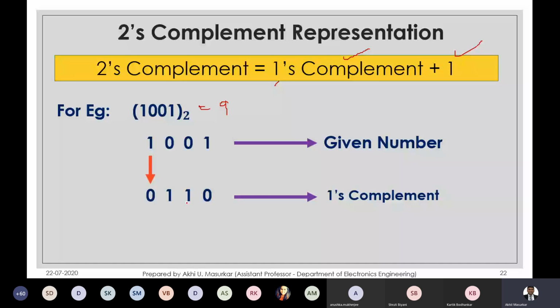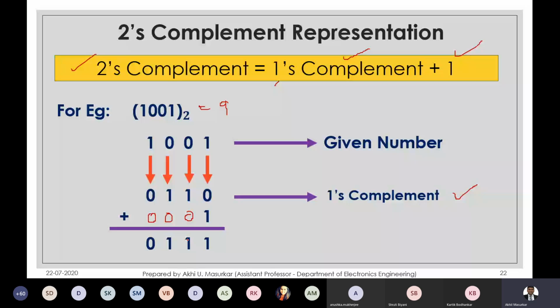Now you have taken 1's complement, but what I am looking at is 2's complement. So 2's complement is 1's complement plus 1. So I just add 1 to it. From our addition table, 0 plus 1 is 1. Here you can consider all zeros. So 1 plus 0 is 1, 1 plus 0 is again 1, 0 plus 0 is 0.